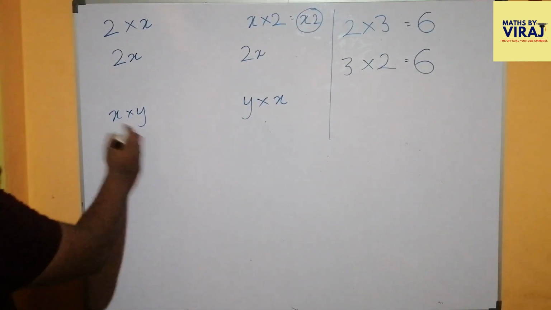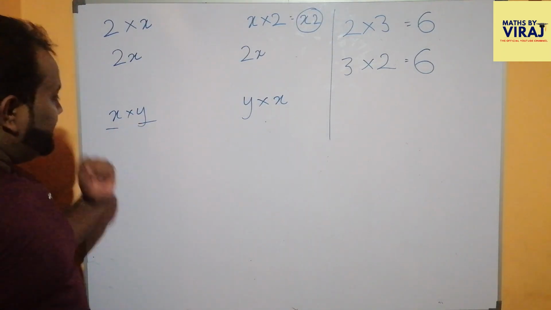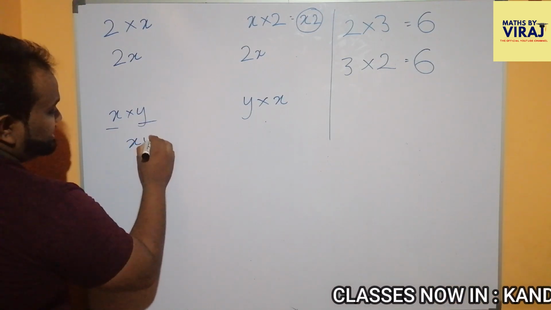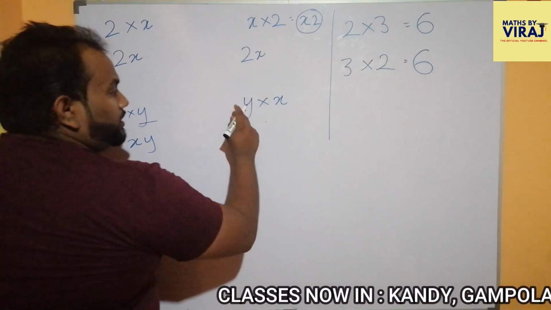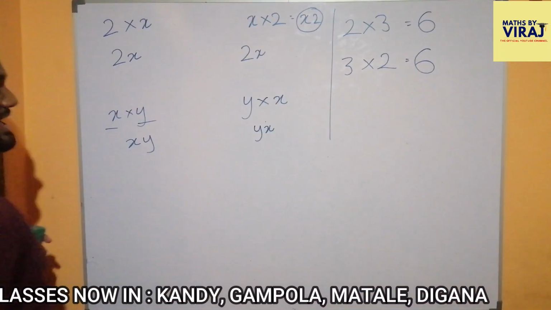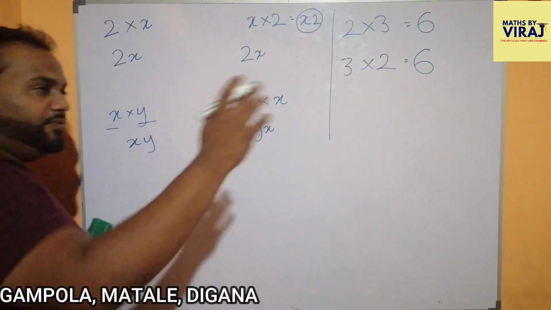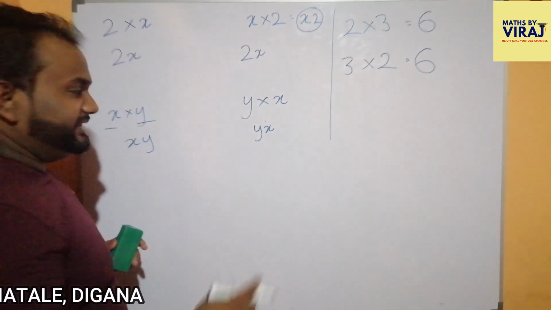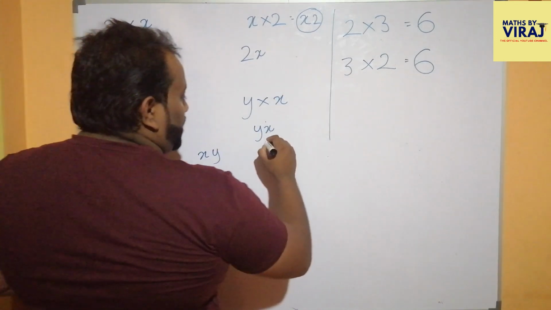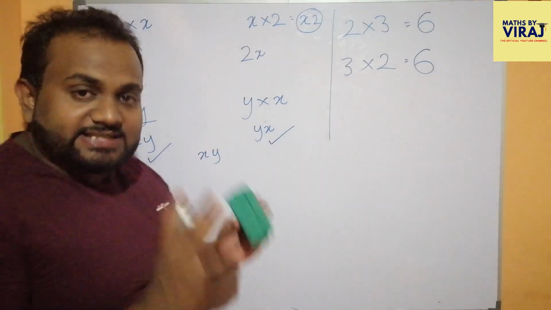What if two variables were to be multiplied? x is a variable, y is a variable. Again, x into y, I can write this as xy. What about y into x? Yes, still I can write it as yx. In this, usually we write it in the alphabetical order, that is xy. But even if you wrote it in the form yx or xy, they are accepted.